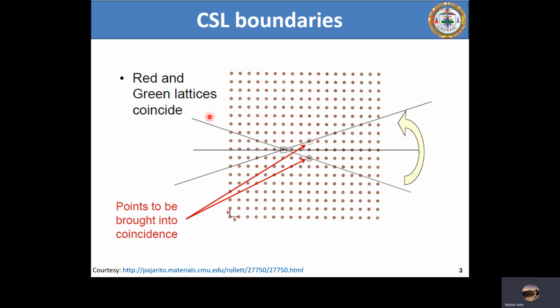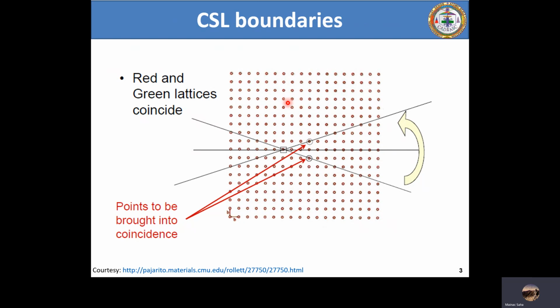These red and green lattice points coincide with each other, so this is again the perfect case of a sigma 1 boundary. When you look at the red lattice points in both these grains, they coincide with each other. The green lattice points I cannot show clearly because they are in perfect coincidence. That is also another example of a sigma 1 boundary.